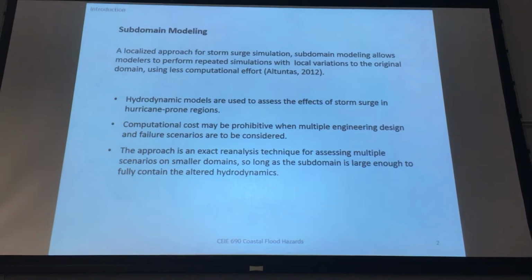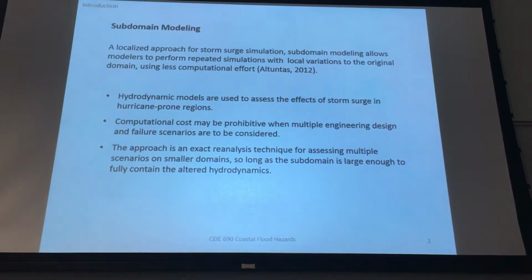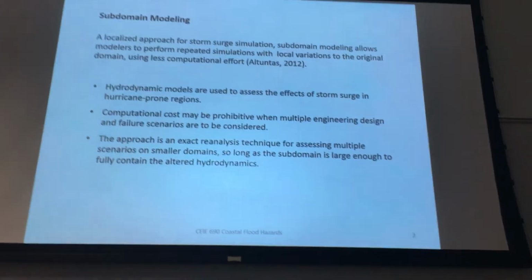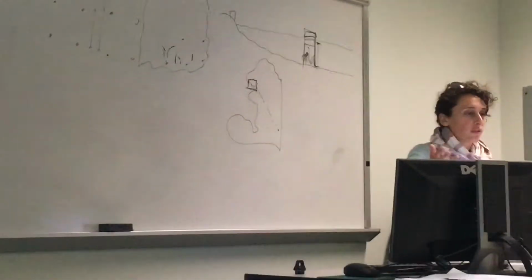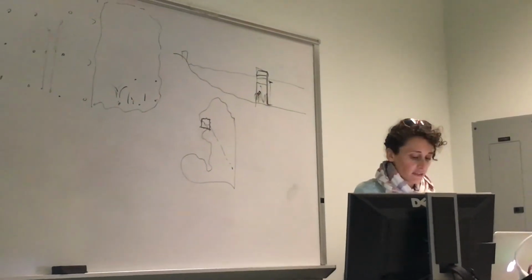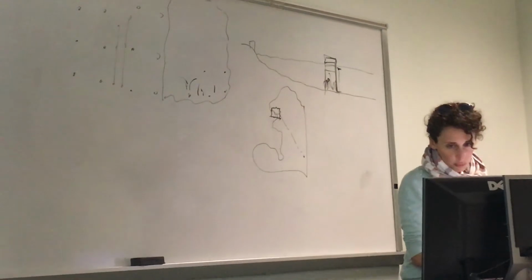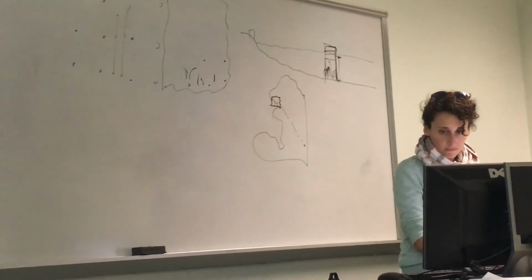The thing that Celso showed you, like putting a levee into a mesh, you need to have a fairly highly resolved mesh to be able to do that, right? If your nodes are 4,000 kilometers apart, you're not going to see a levee in that kind of resolution. So that's kind of the purpose of subdomain modeling.